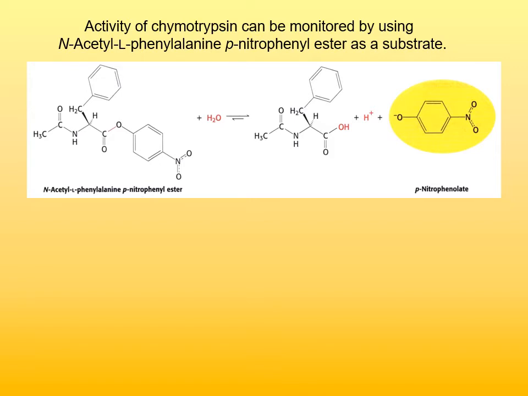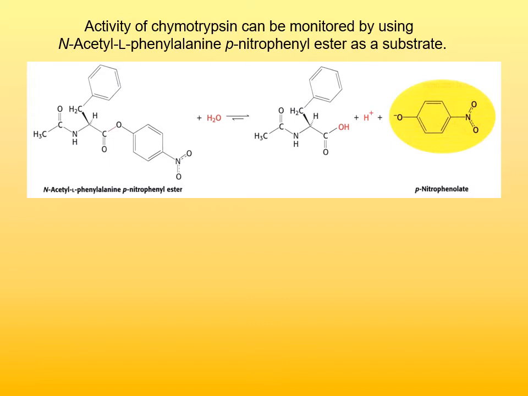And the reason why it's such a good model is that after the p-nitrophenyl group leaves, it's in the form of an anion, the p-nitrophenolate anion. And that anion is colored yellow. It's due to resonance of the benzene ring, nitro group, and negatively charged oxygen, so due to electron delocalization.